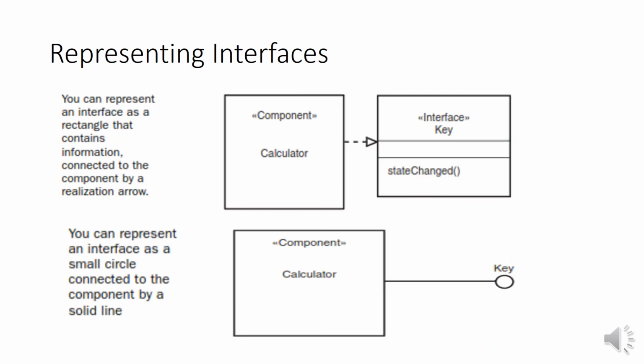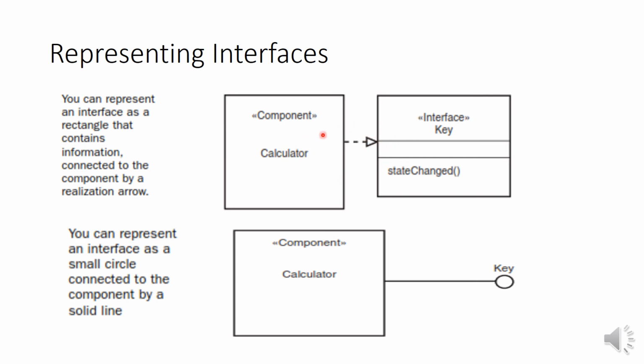Representing interfaces. A component and the interfaces it realizes can be represented in two ways. The first shows the interface as a rectangle that contains interface related information. It's connected to a component by a dashed line and a large open triangle.